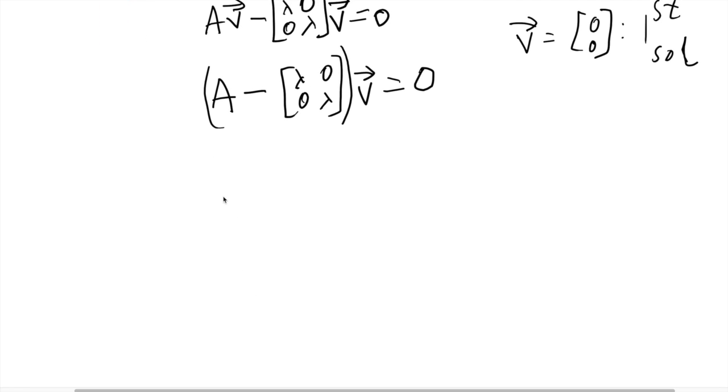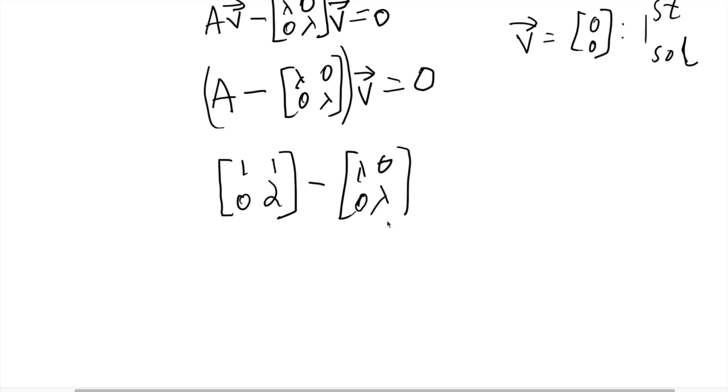But we want to find more interesting solutions. So if I rewrite the matrix A as 1, 1, 0, 2, minus lambda, 0, 0, lambda, multiplied by v is equal to 0.